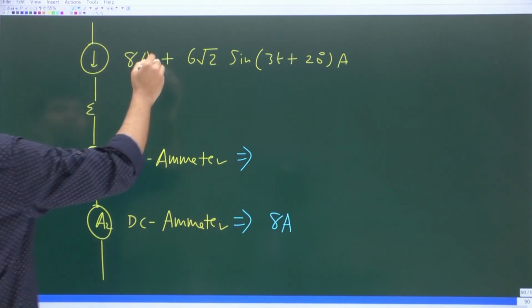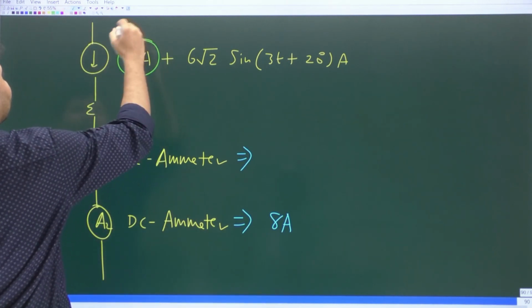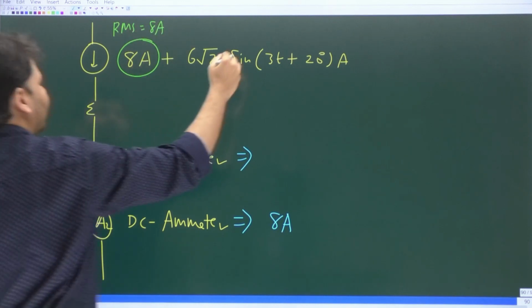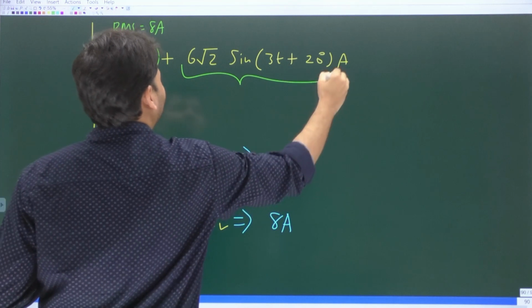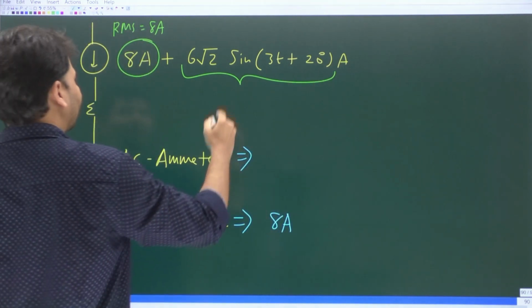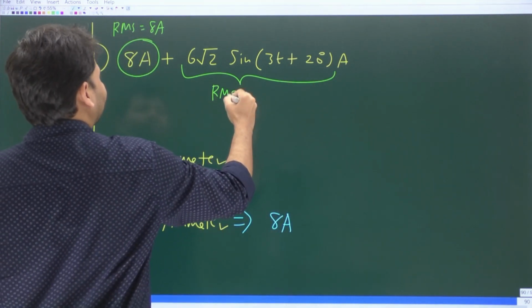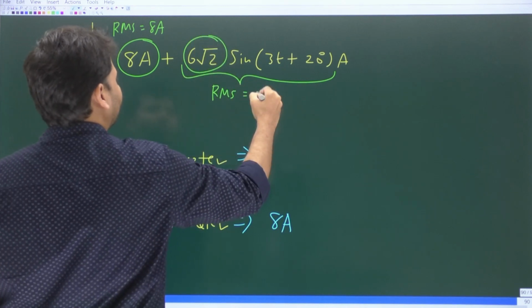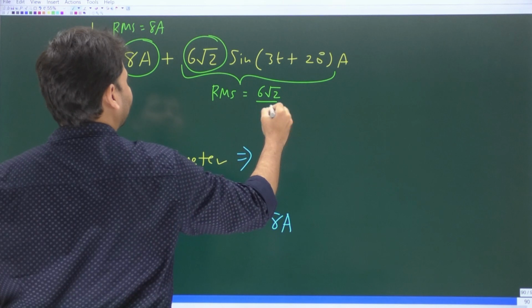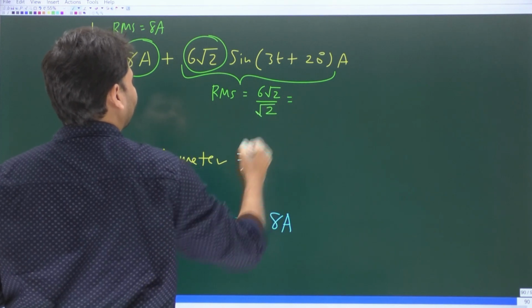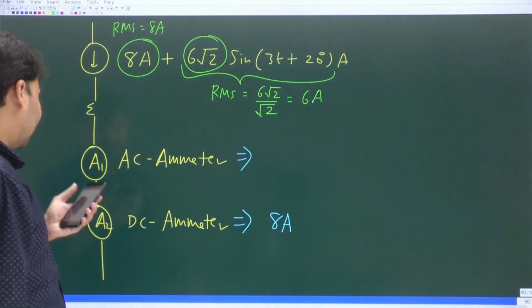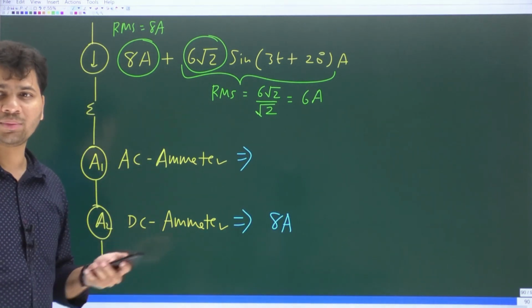See, I told you, for the 8 ampere component, RMS is also 8. And for the second sinusoidal component, the RMS value is amplitude divided by root 2. Amplitude is 6 root 2 divided by root 2, which is 6 amperes. So the RMS value of the DC component is 8 amps.